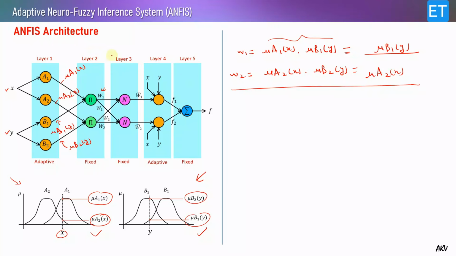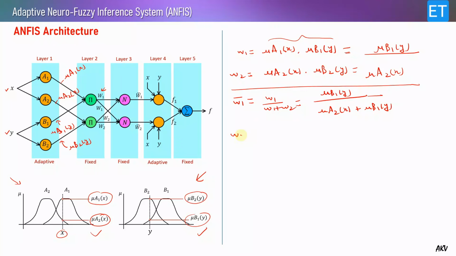Now the normalization. So W1 bar is W1 upon W1 plus W2. So that is mu b1y upon mu a2x plus mu b1y. Okay.